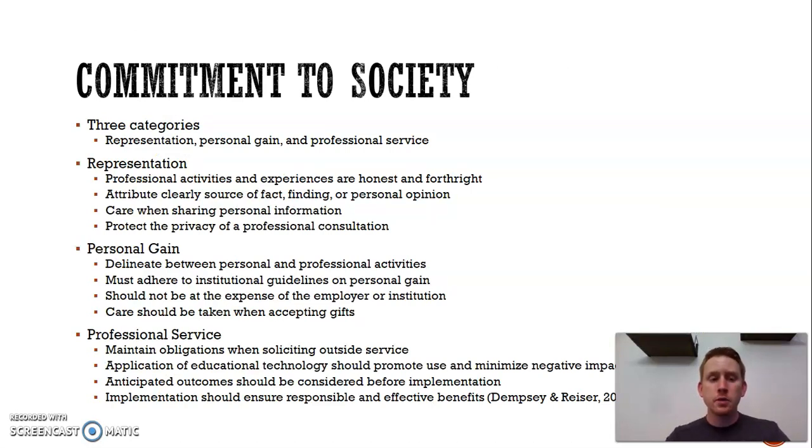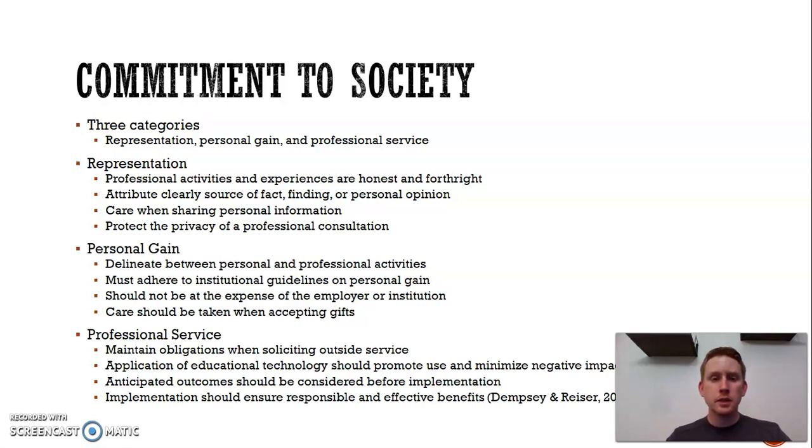The commitment to society. There are three categories: representation, personal gain, and professional service. Within the representation domain, it ensures that professional activities and experiences are honest and forthright. It attributes clearly the source of fact, finding, or personal opinion, which means to give credit to those who conducted earlier research.